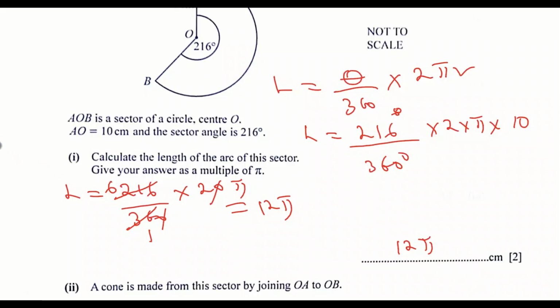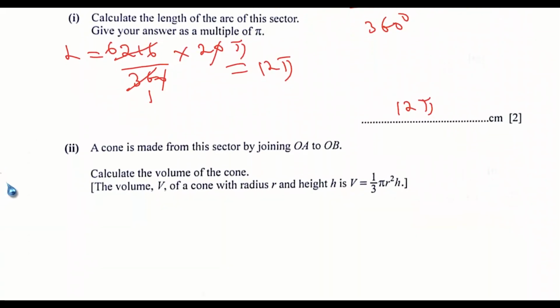So let's go to Roman figure 2. A cone is made from this sector by joining OA to OB. If we join OA to OB, this is what we're going to have. Point O is here, and A and B are on this side.